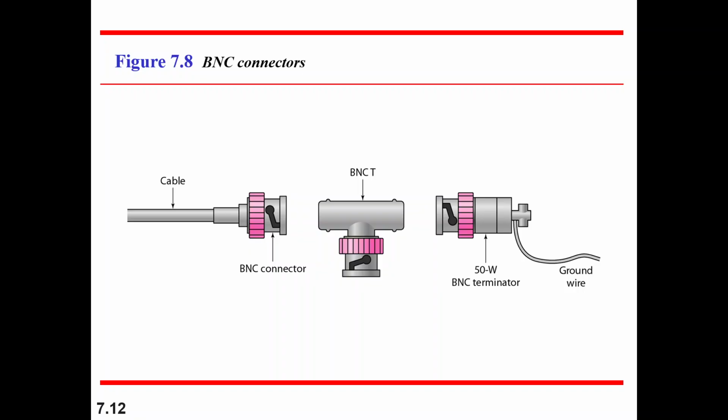The BNC connector is used to connect the end of the cable to a device such as a TV set. The BNC-T connector is used in Ethernet networks to branch out to a connection to a computer or other device. The BNC terminator is used at the end of the cable to prevent the reflection of the signal.